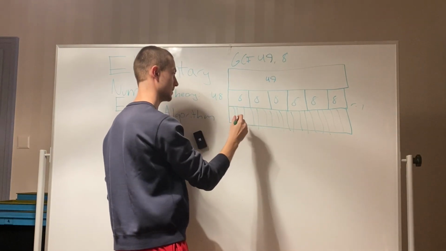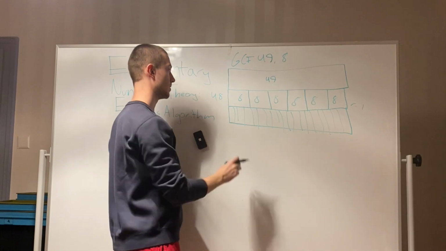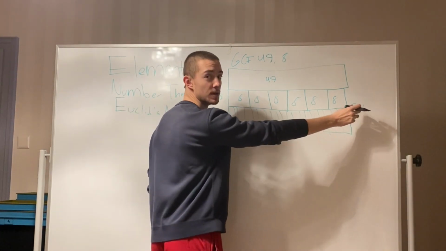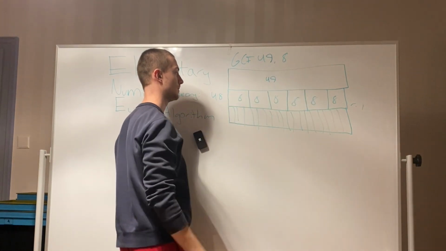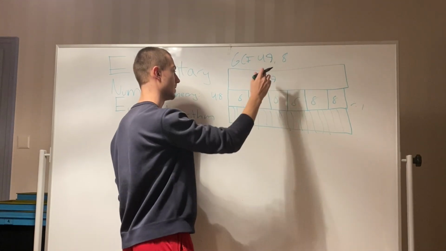This is not an exact number, but just to represent the fact that we're going to have lots of groups of 1s that are going to be evenly going into 48, and they can also replace this little remainder here. So that must mean that they also go into 49, which we're trying to find the greatest common factor of, right?